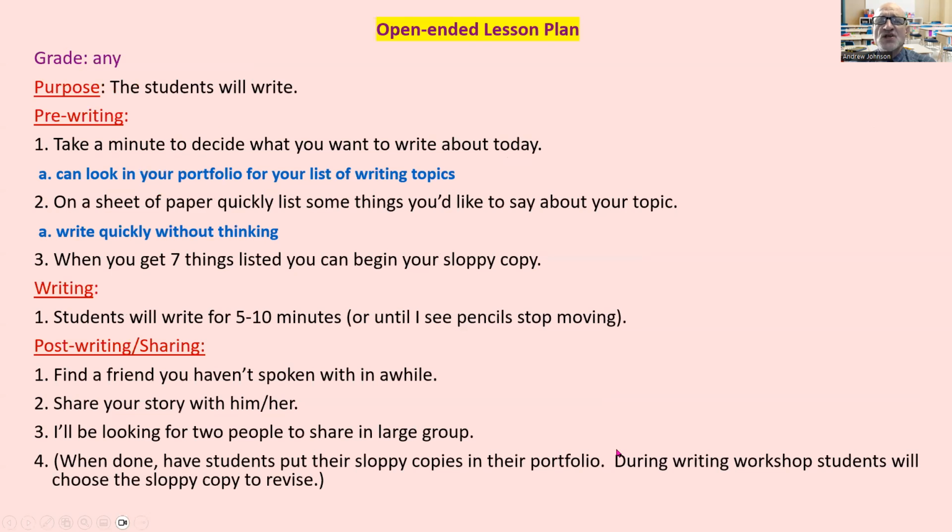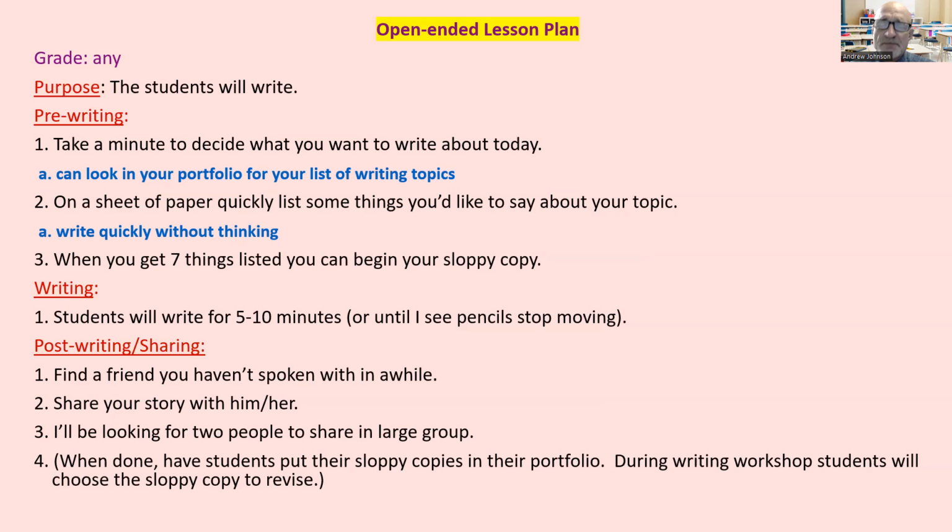And the last is an open-ended lesson plan. Here, students will write. And ideally, they have a list of topics in their writing journal. But you say, take a minute to decide what you want to write about today. And they can look in their portfolio for a list of writing topics. And then on a sheet of paper, quickly list some things you'd like to say about your topic, and they write without thinking.